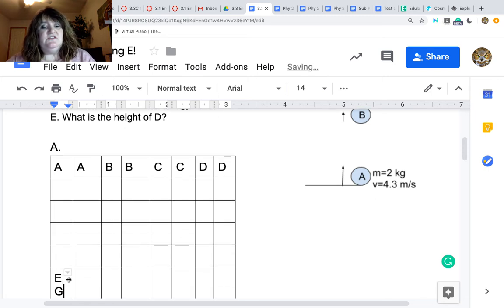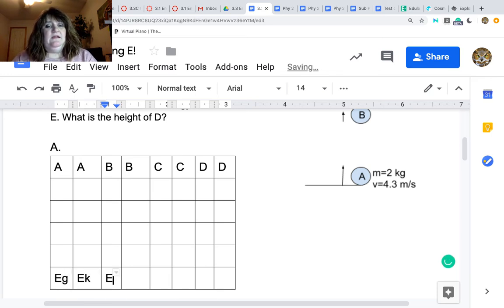So this is EG, potential, right? EK, EG, EK, EG, EK, EG, and EK.